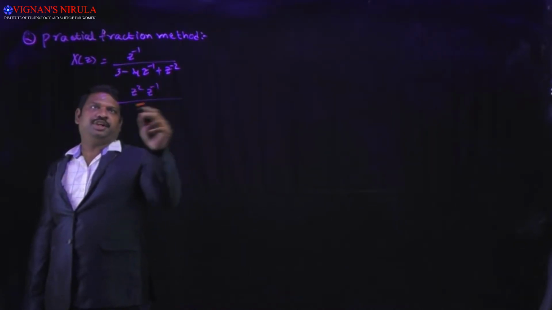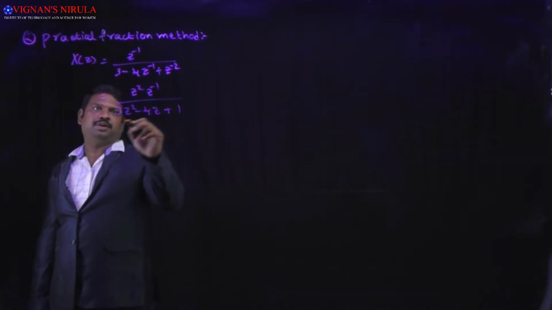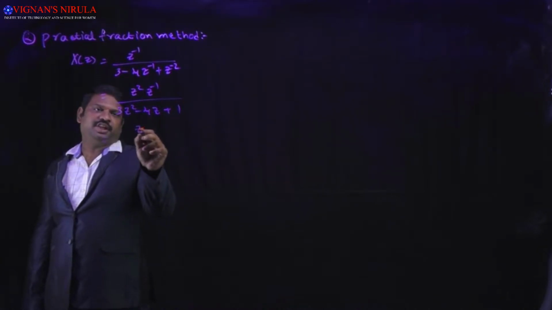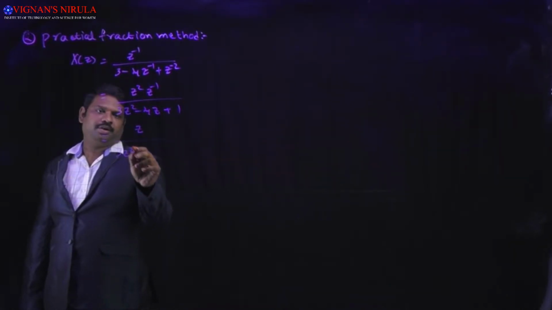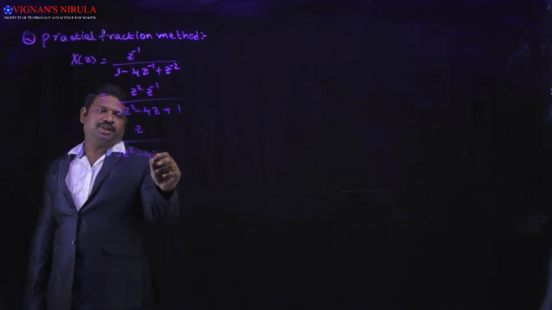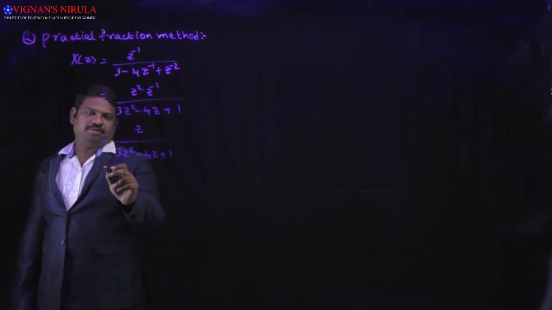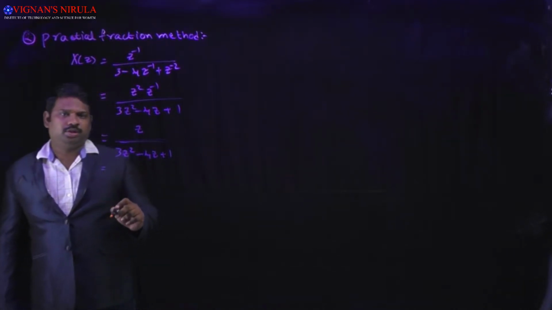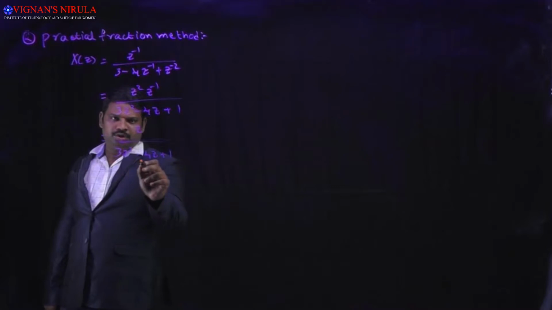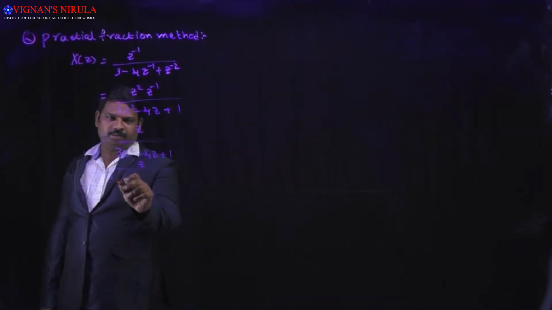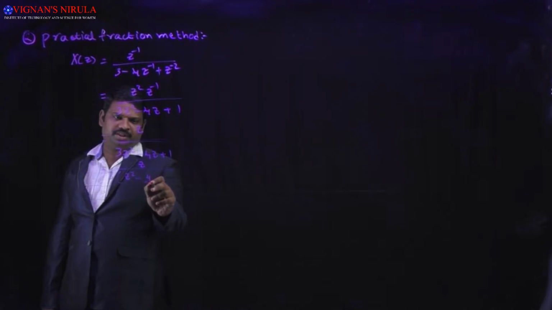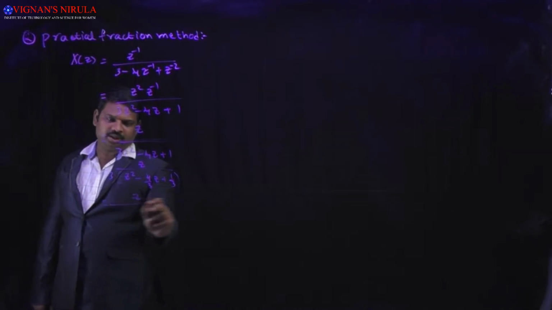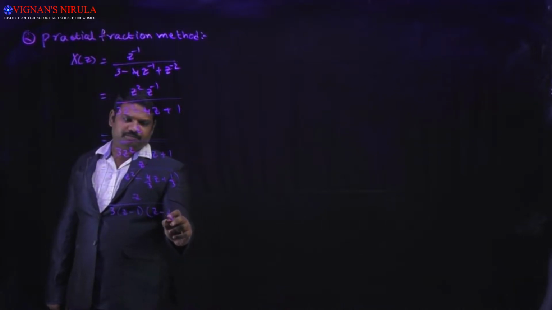Z square into z inverse is z, so we get z / (3z^2 - 4z + 1). Taking 1/3 common, that is z / (3(z^2 - (4/3)z + 1/3)). Therefore the roots give 3(z - 1)(z - 1/3).